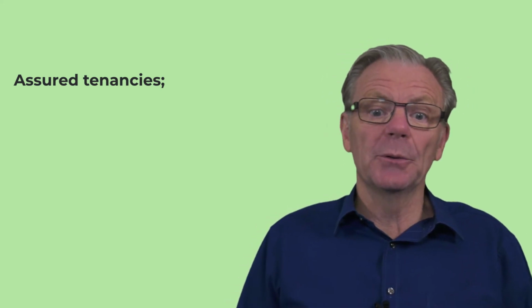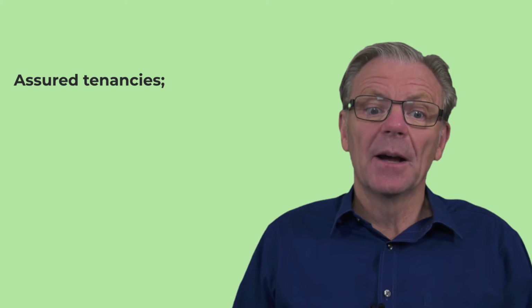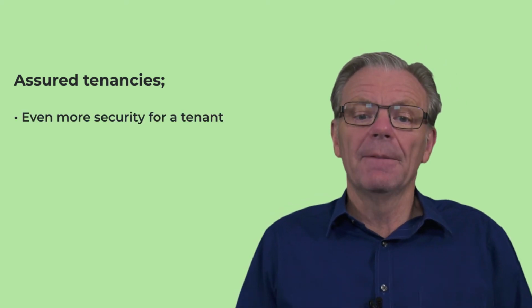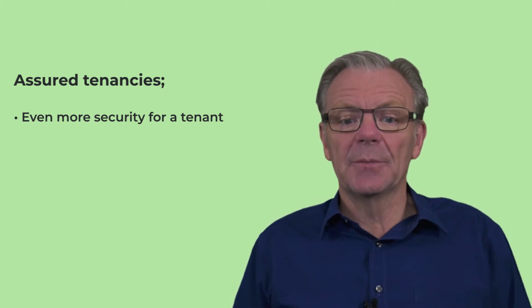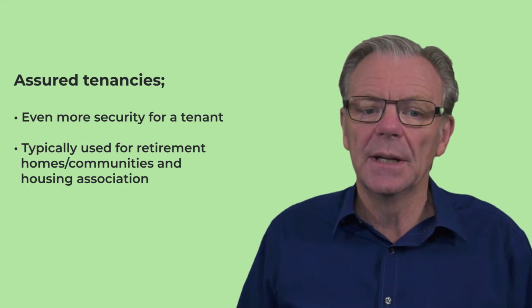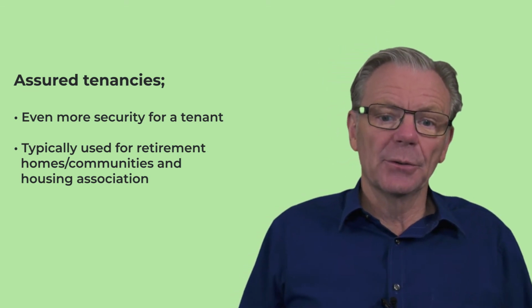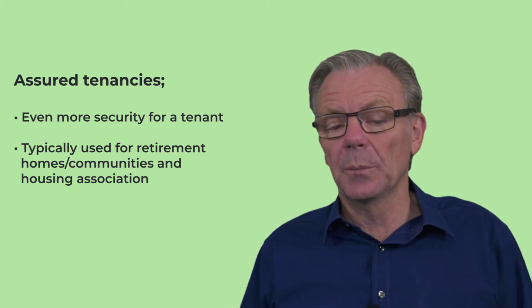This is similar to an assured short-hold tenancy, and it's also created under the Housing Act, but there is even more security for a tenant under this type of tenancy. Typically, these types of tenancies are used for retirement homes, retirement communities, and by housing associations, where the landlord is less concerned about getting possession of the property back.